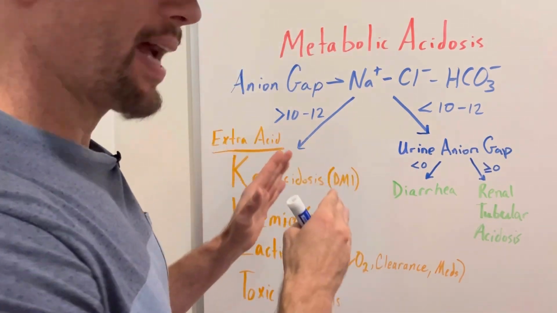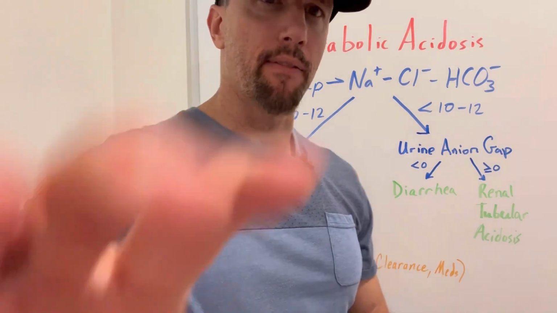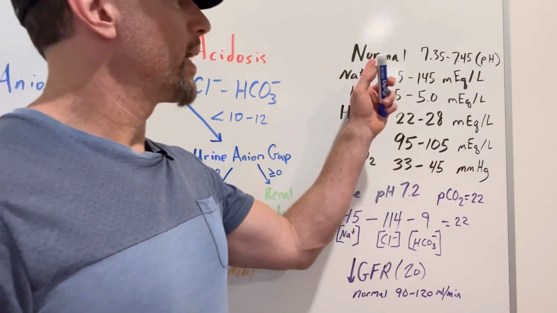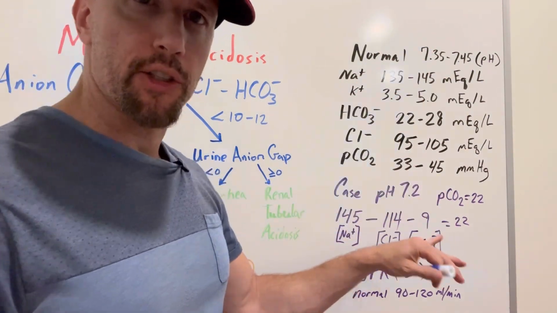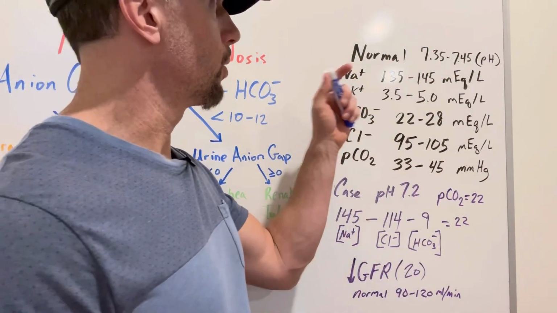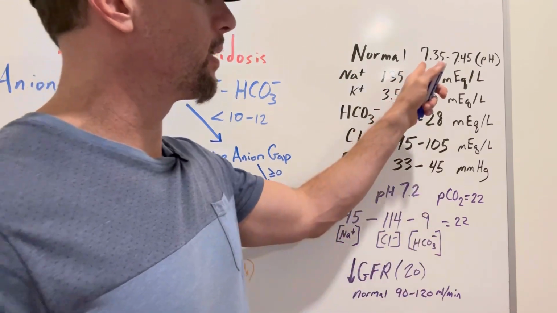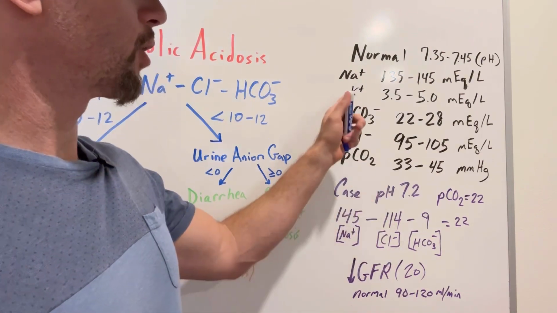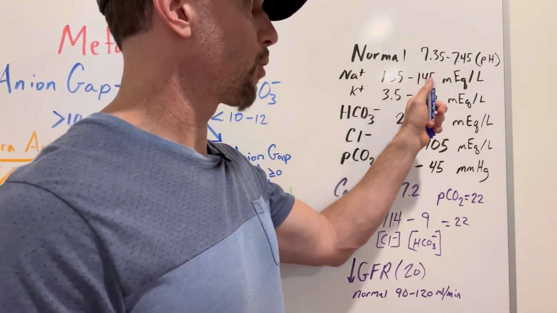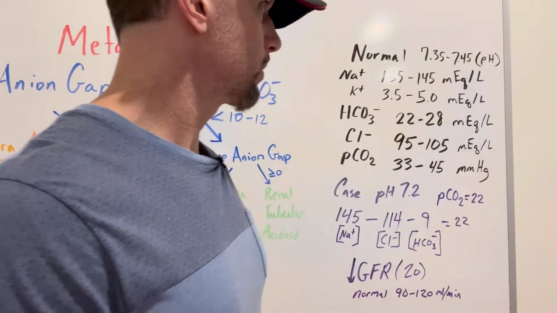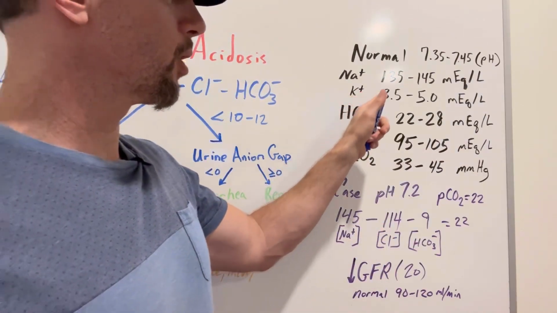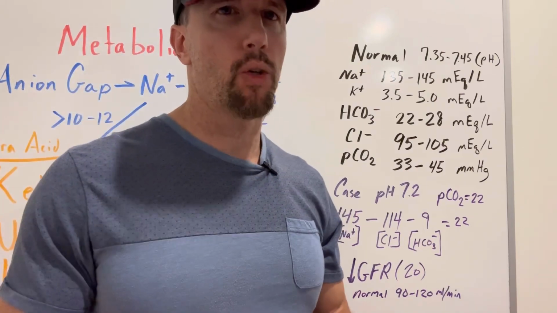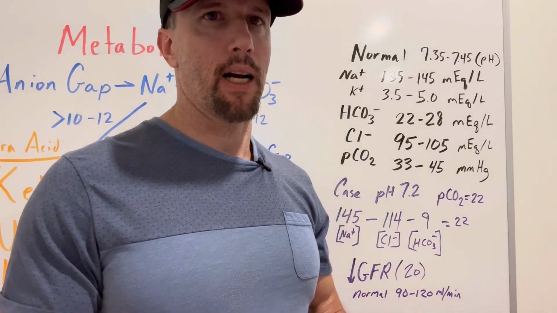So now that we have that down, let's look at a vignette. I want to show you the normal values first, and then we'll look at the vignette. Normal pH is 7.35 to 7.45, sodium 135 to 145 milliequivalents per liter, potassium 3.5 to 5 milliequivalents per liter. That's why we don't even include potassium in the anion gap calculation.